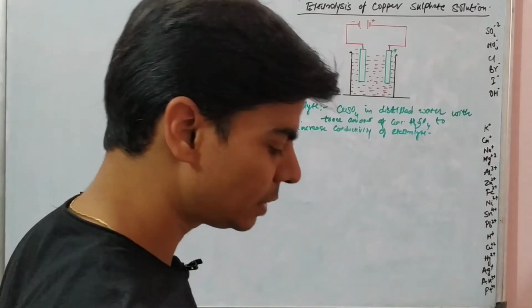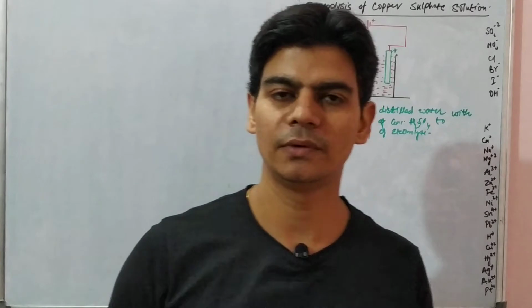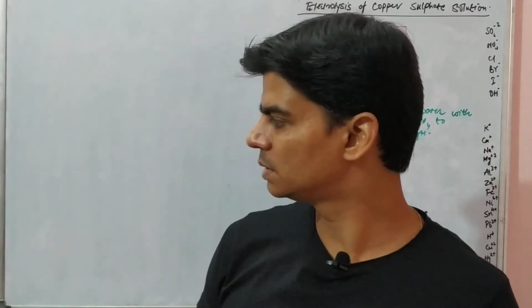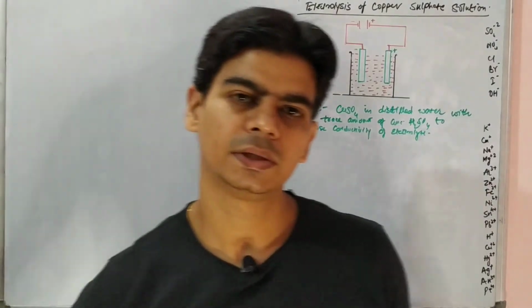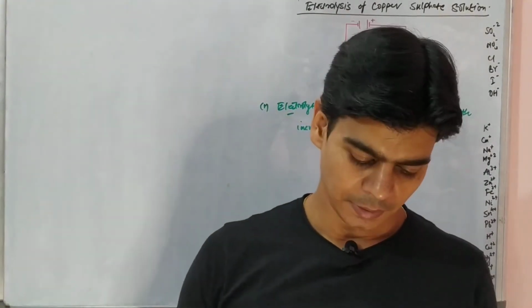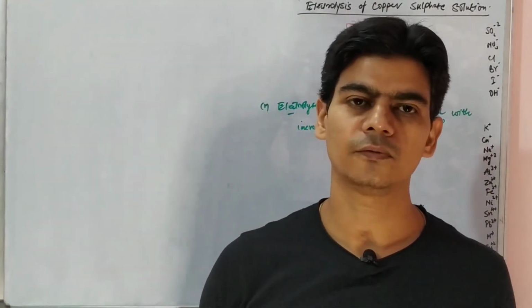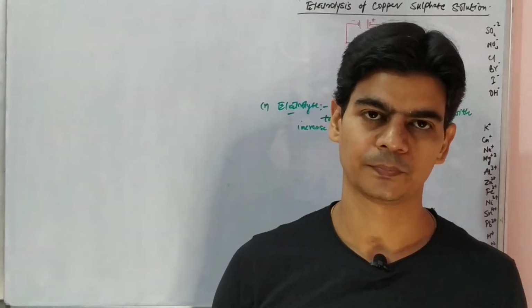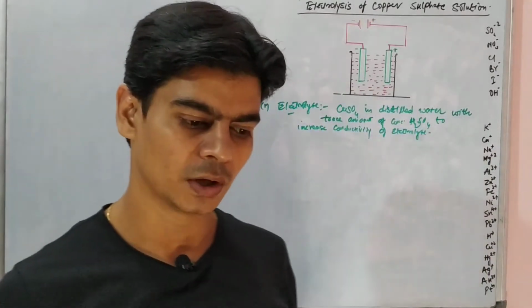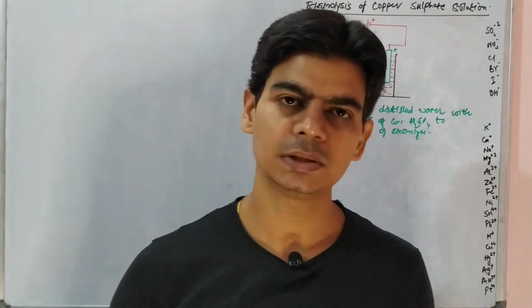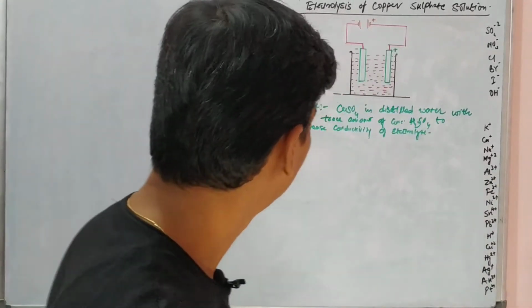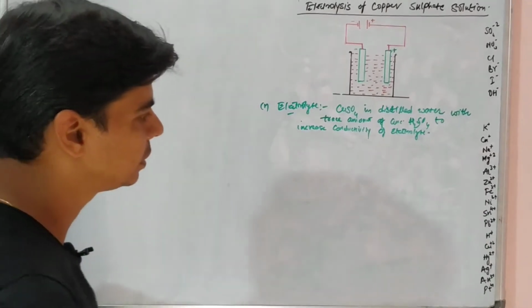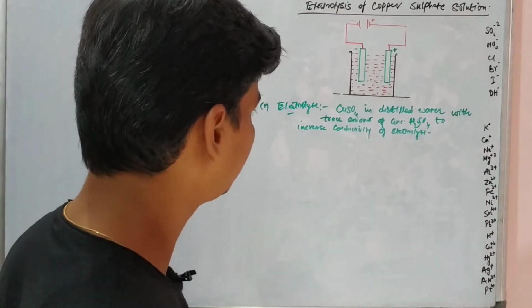How does concentrated sulfuric acid increase the conductivity? It increases the concentration of sulfate ions and hydrogen ions. More ions means more electric current will pass. This is how concentrated sulfuric acid increases the conductivity.